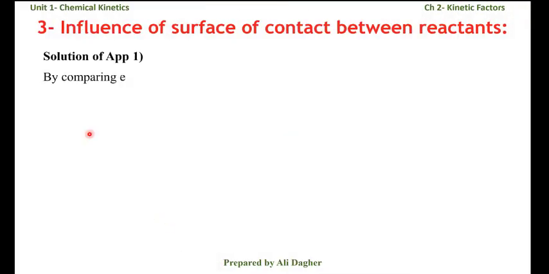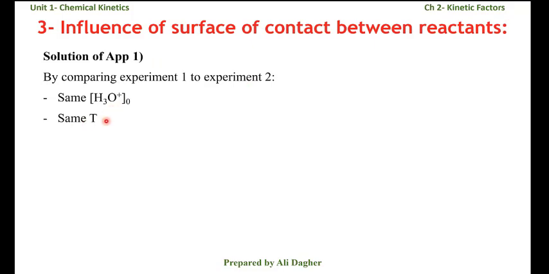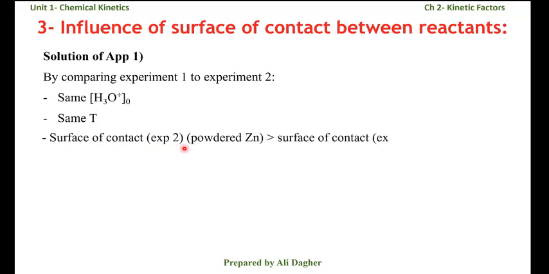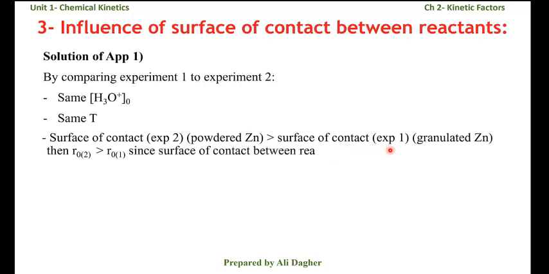Solution. By comparing experiment 1 to experiment 2, we have the same initial concentration of H3O+, the same temperature, but the surface of contact in experiment 2, where we have powdered zinc, is bigger than the surface of contact between reactants in experiment 1, where we have granulated zinc.